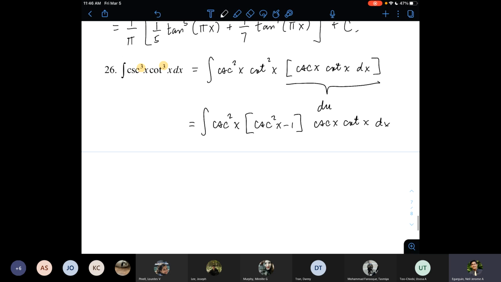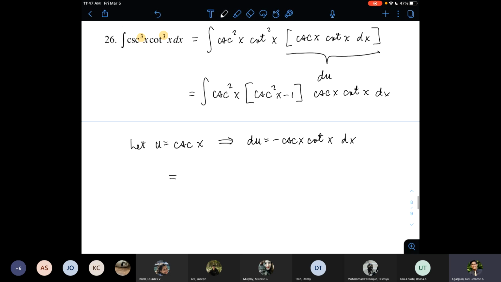All right. And then here I will let u be equal to cosecant x. And as planned, du will involve cosecant x, cotangent x dx, but with a negative sign. So the integral now becomes negative of integral of u squared minus 1 du.